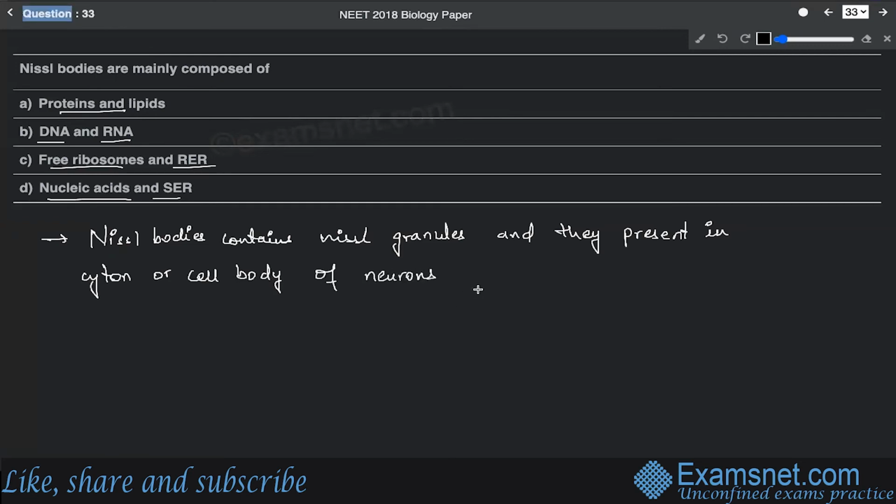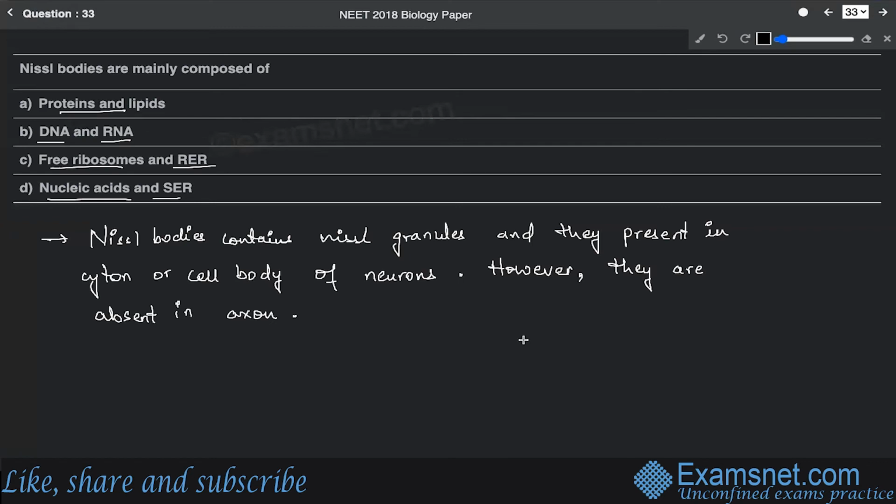It might be possible they even extend towards the dendrites as well, but they are usually absent in the axon part. However, they are absent in axon. All right.